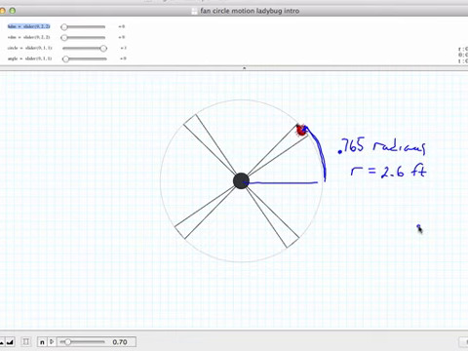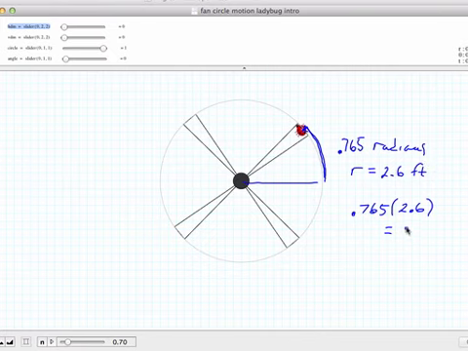Oh, multiply, right? Multiply. So we want 0.765 of 2.6. And many of you were saying, what is that? How many feet is that? 1.98. About 1.99 feet.